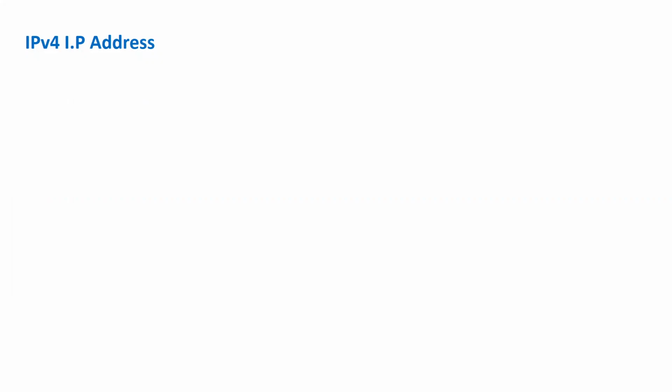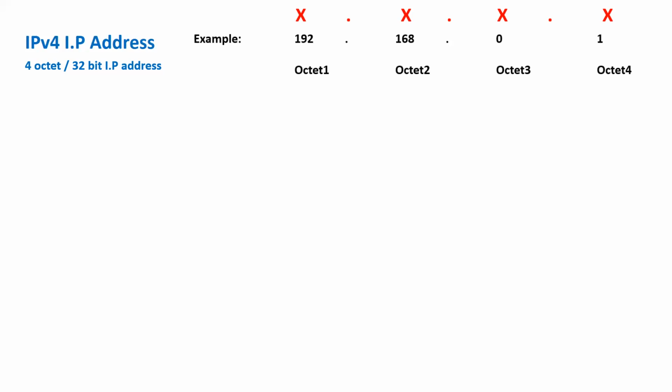So the IPv4 IP address is called a 4-octet 32-bit IP address. Why do we call it a 4-octet or 32-bit IP address? We all know the generic format of an IP address has 4 places, x.x.x.x. For example, the IP address 192.168.0.1. In total we have 4 octets, 1, 2, 3, and 4, because we have 4 places there, and each octet is 8 bits in the IP address.